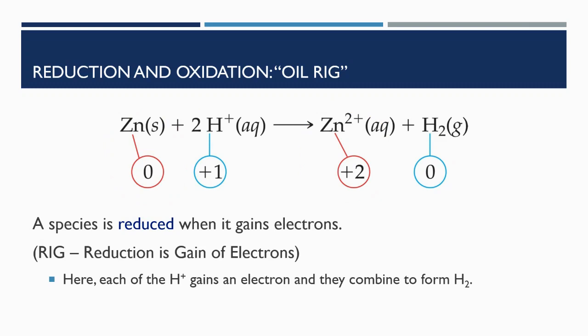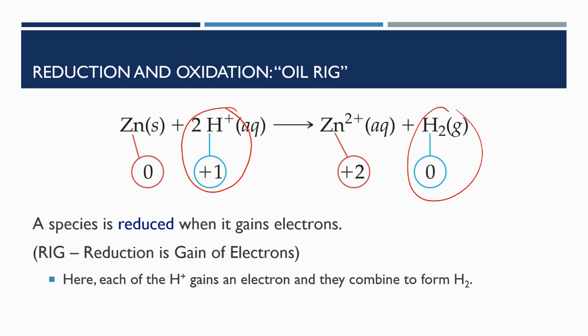RIG in OIL RIG is reduction is gain of electrons. So you'll notice hydrogen has a 1 positive charge, and it goes to a 0 charge. Now notice there are 2 hydrogen ions. Each one gains 1 electron, and so each hydrogen ion is reduced from a 1 positive charge to a 0 charge.